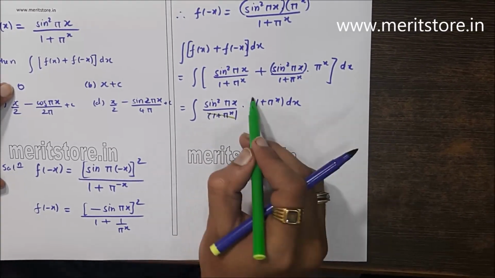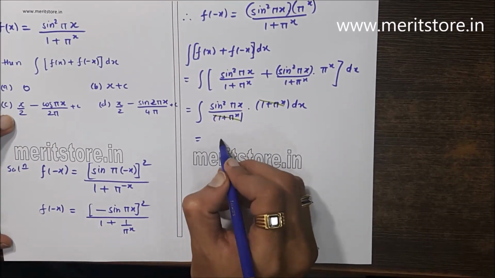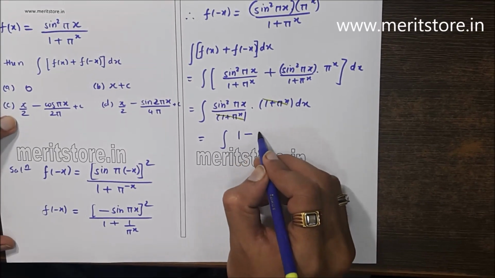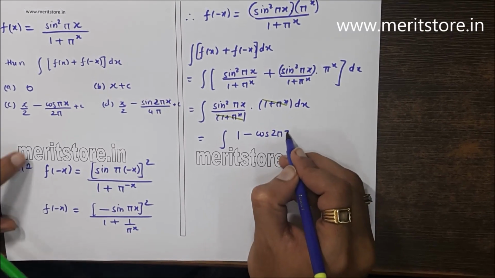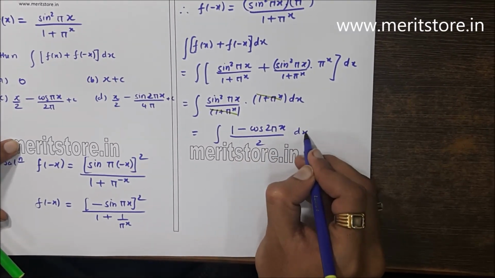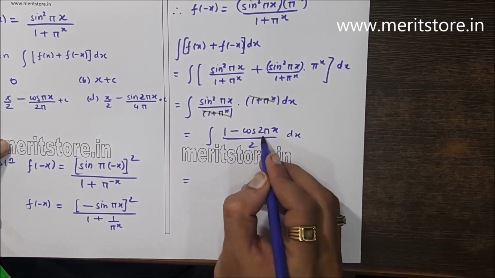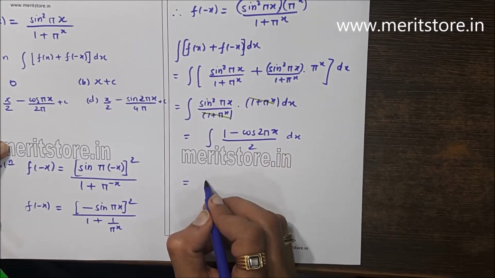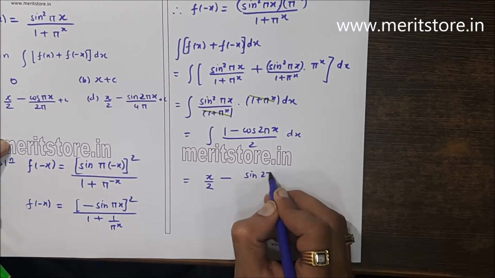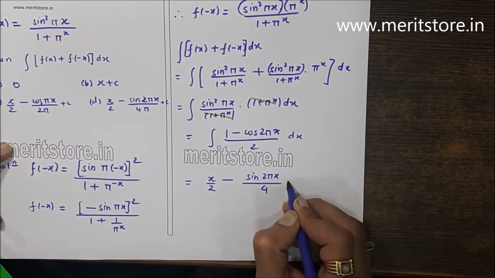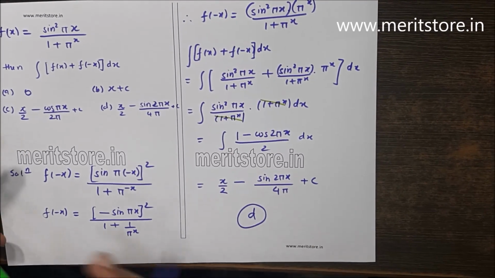These two terms cancel off. We have the integral of sine square pi x, which can be written as 1 minus cos 2 pi x upon 2 dx. 1 by 2 comes out. We integrate 1 and then cos 2 pi x. Our answer will turn out to be x upon 2 minus sine 2 pi x upon 4 pi plus c, which is our option D.